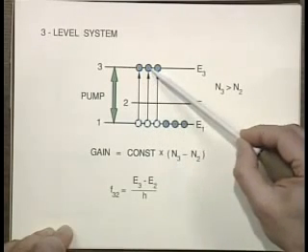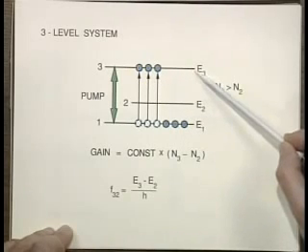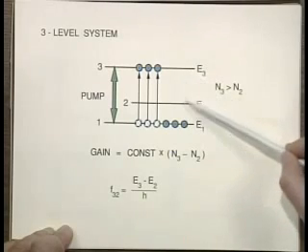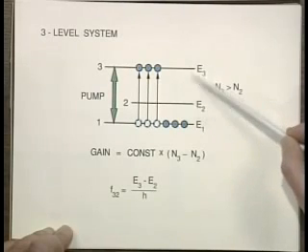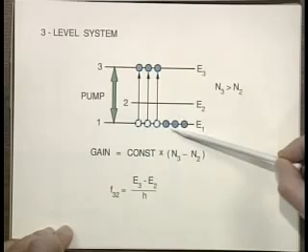Now, as soon as you put some atoms up here, there is a population difference between level 3 and level 2. So now you have amplification for transitions for light at this frequency. But if you look at level 1 and level 3, that's still absorption or what have you, but certainly no amplification.